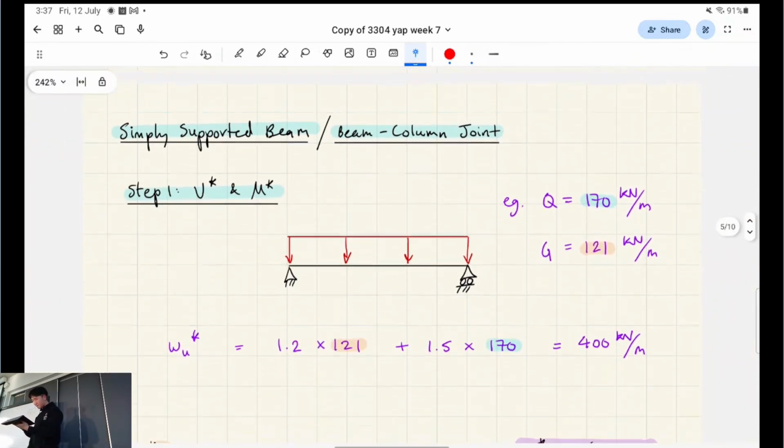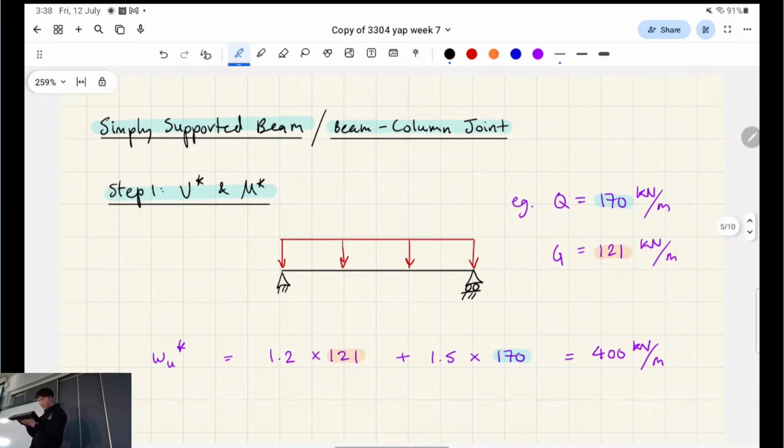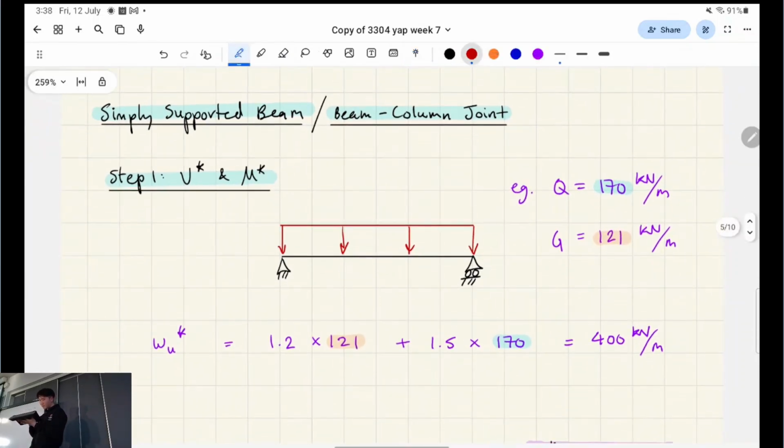So the first thing is I've calculated just the overall load combo. We know that this load combo governs, right? Because Q is significant. So I've called this W star U. W star U is 400 kilonewtons, right? But we're going to break this up a little further. We're going to call this, actually you tell me, which part is Q and which part is G?